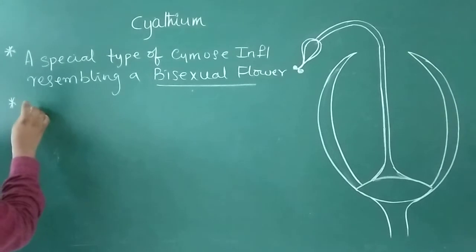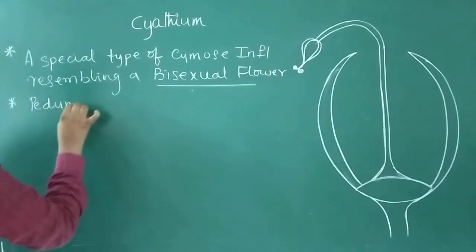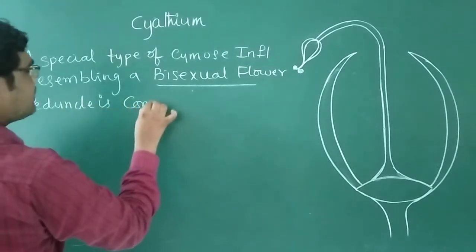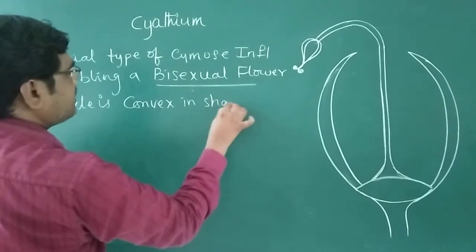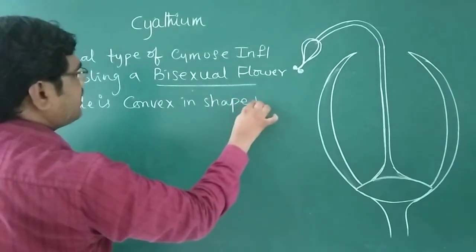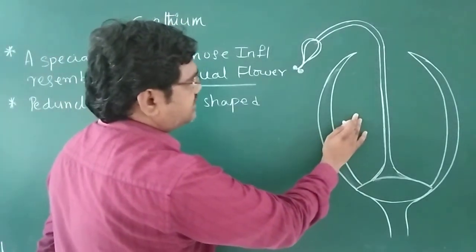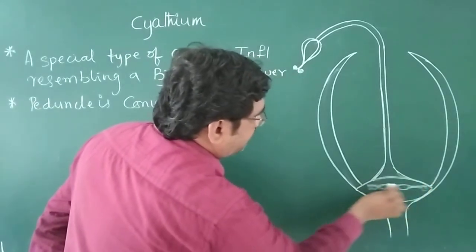In the cyathium inflorescence, the peduncle is convex in shape. So this is the cyathium inflorescence, and this is the peduncle.